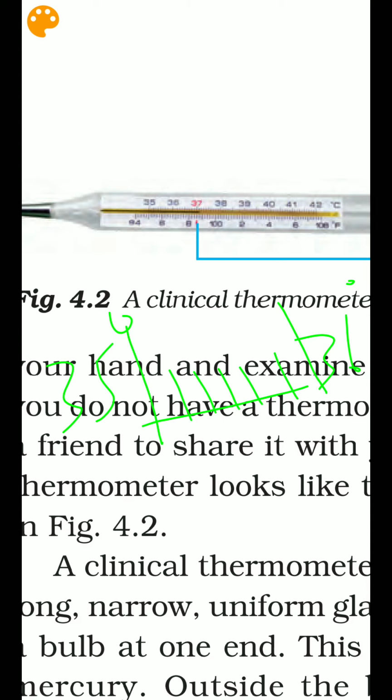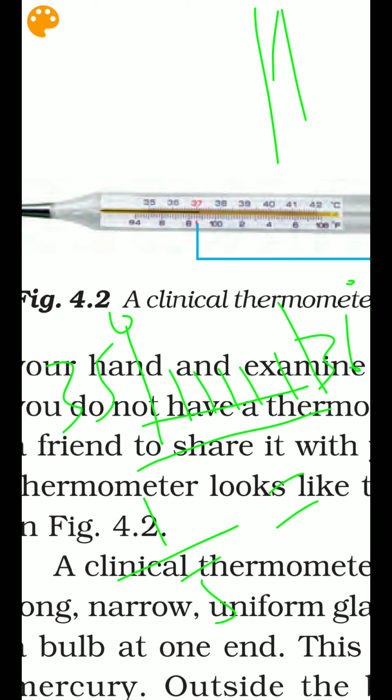If there are five smaller lines between the two bigger lines, it means you have to divide by 5. Means 5 equal lines are there between the temperature difference of 1.